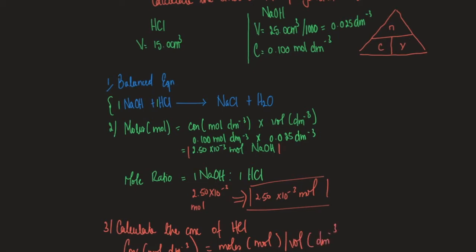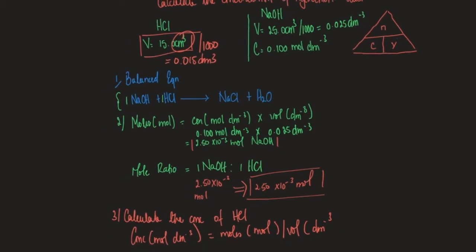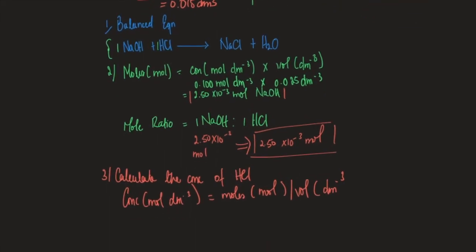cubic decimeters. Now, if you look here, however, you'll see that the units here are cubic centimeters. So in order to convert those to cubic decimeters, we divide by 1,000, and we get 0.015 cubic decimeters. So now we have both the mole and the volume. We can plug in those values. 2.50 by 10 to the negative 3 mole.